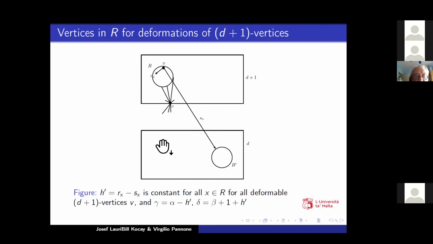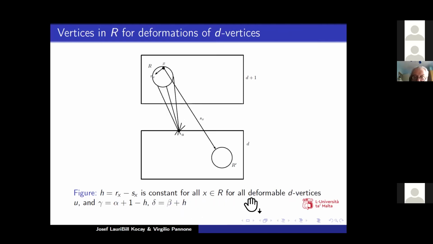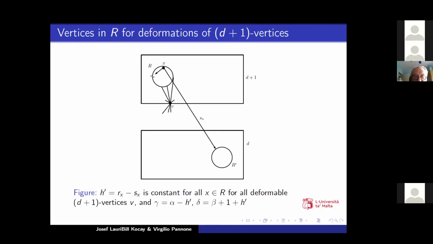This is deformable. But still H prime, which is R minus S, is constant, and we have a slightly different relationship between the alpha beta gamma delta. So this was the relationship before, and this is the relationship after deformation.